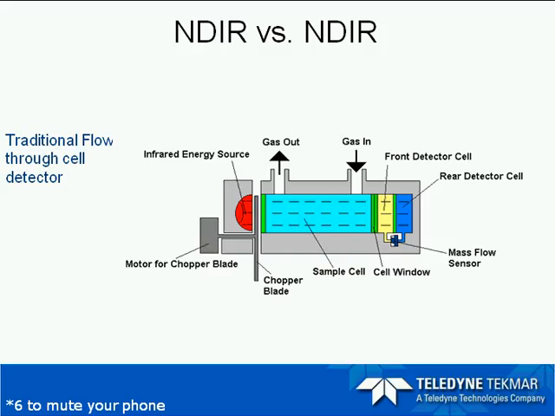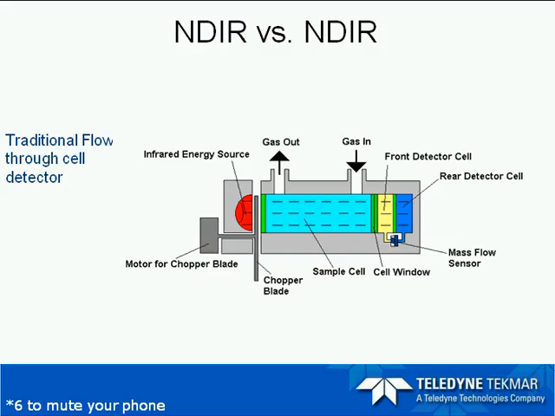What occurs is that the chopper blade rotates, and as it rotates, it interrupts the IR source. And as the IR source traverses the sample cell and hits the detector cell, the front and the rear, it creates a pulsing of energy.